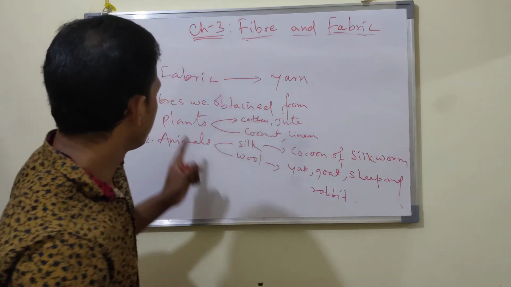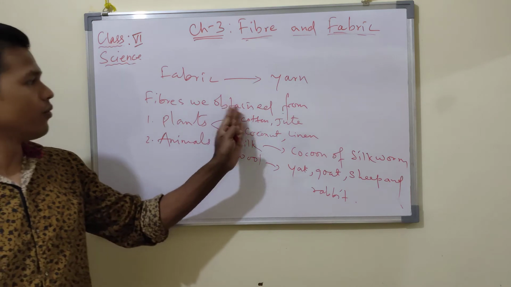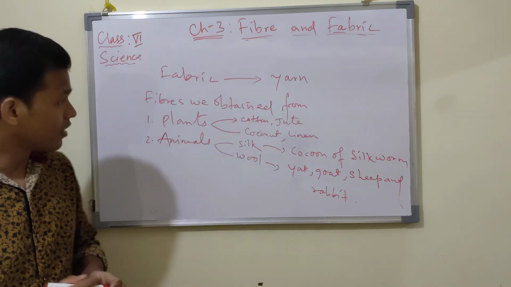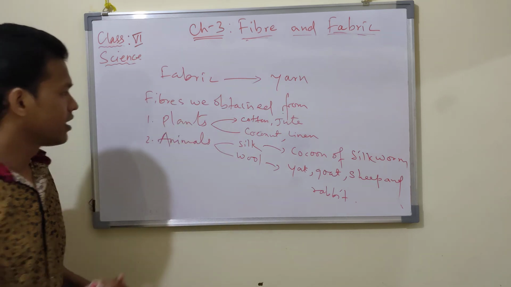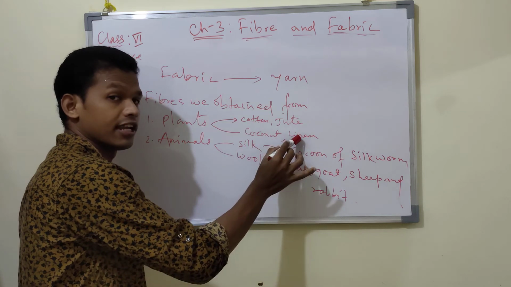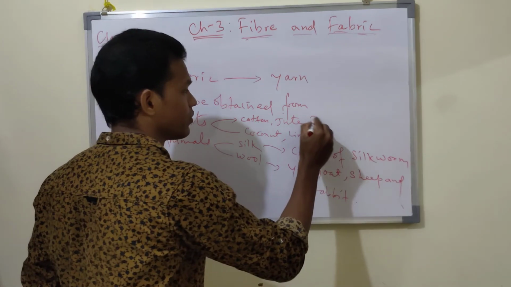Got it now? So these fibers are often from plants and animals. The fibers obtained from plants, such as cotton, jute, coconut, linen, are called what? They are called natural fibers.